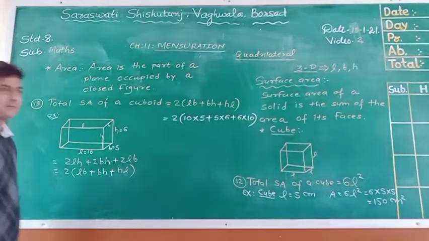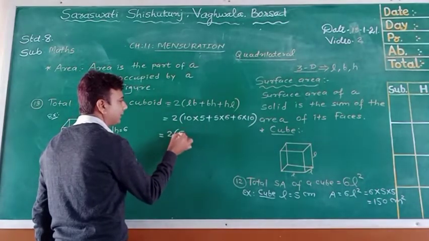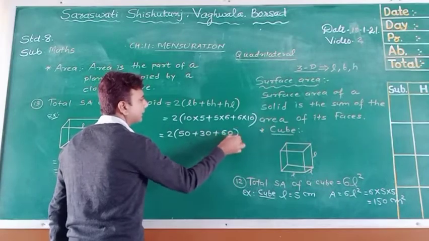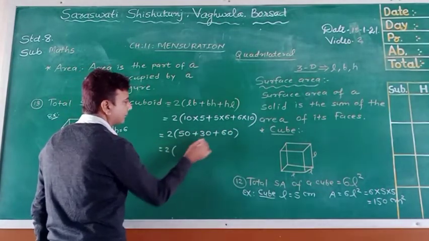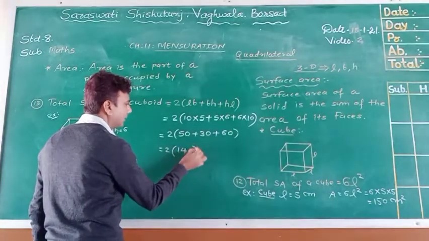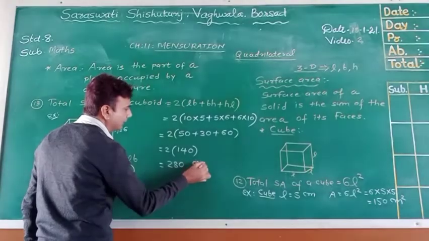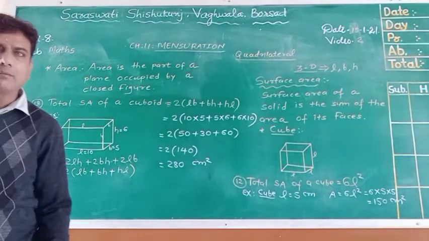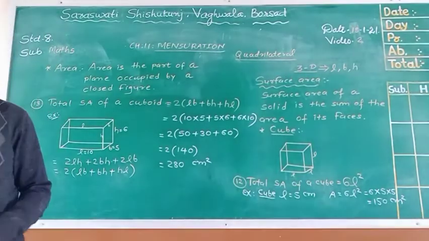Easy. Now simplify this. 10 times 5 is 50, 6 times 5 is 30, and 6 times 10 is 60. Sum of all this is 140. 2 times 140 is 280. Clear this, students?